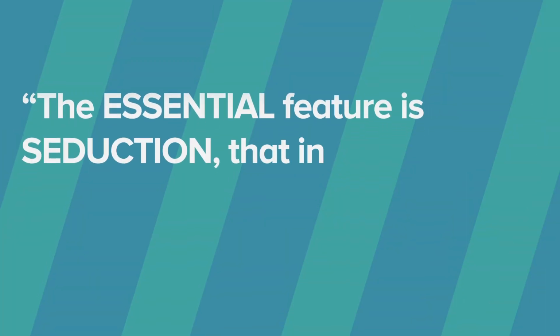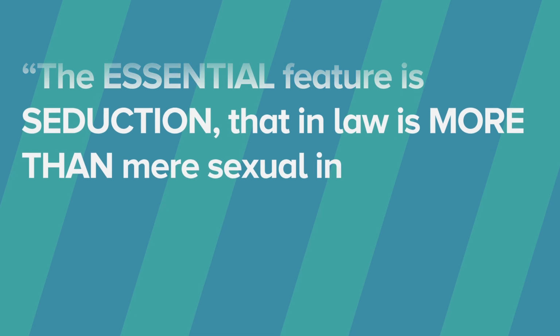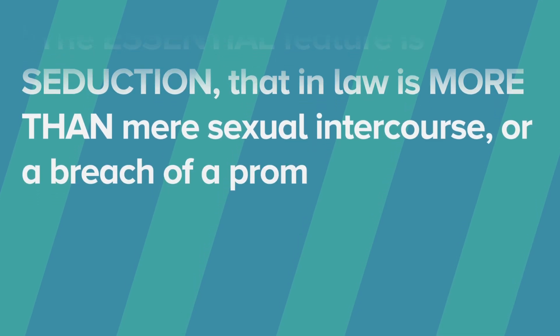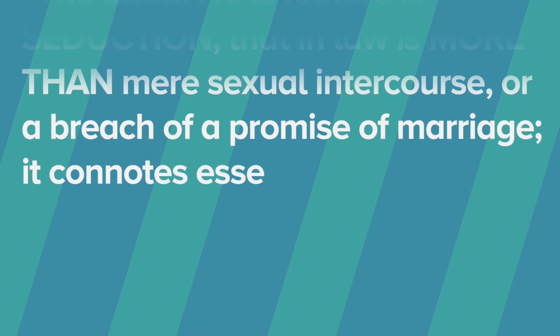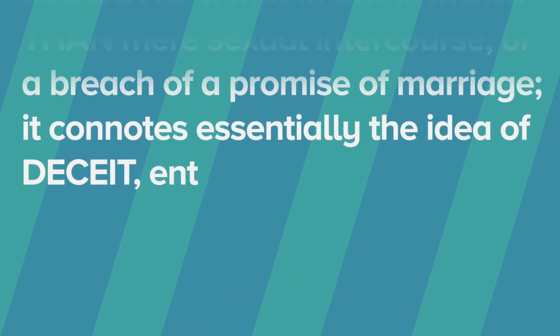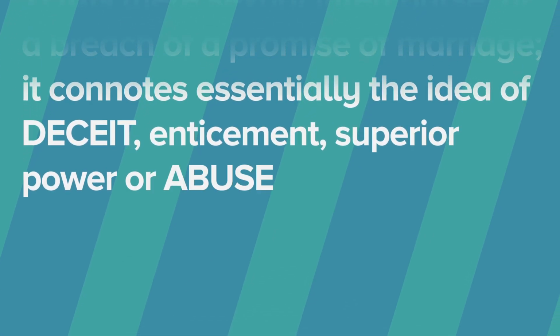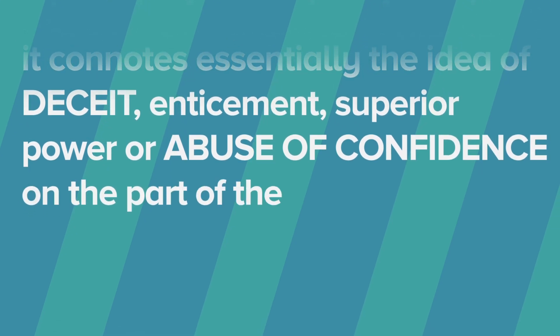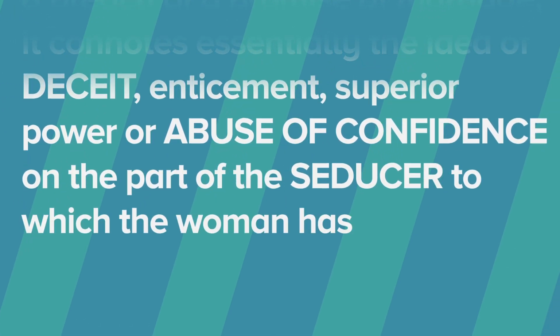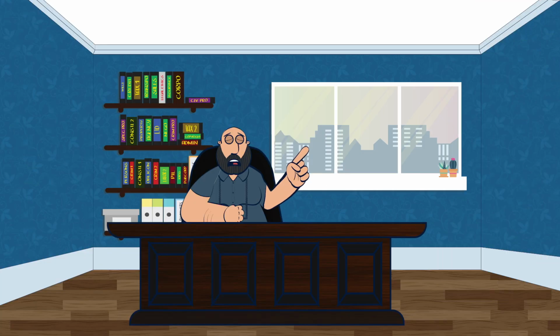The essential feature is seduction, that in law is more than mere sexual intercourse or a breach of a promise of marriage. It connotes essentially the idea of deceit, enticement, superior power, or abuse of confidence on the part of the seducer to which the woman has yielded. The action for breach of promise to marry is never a reward.